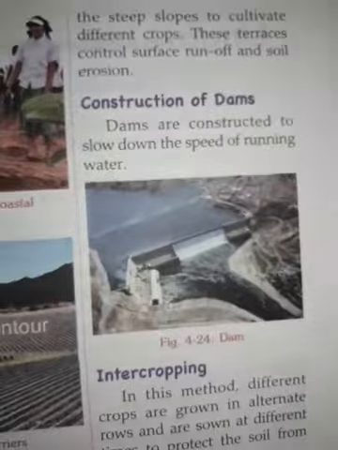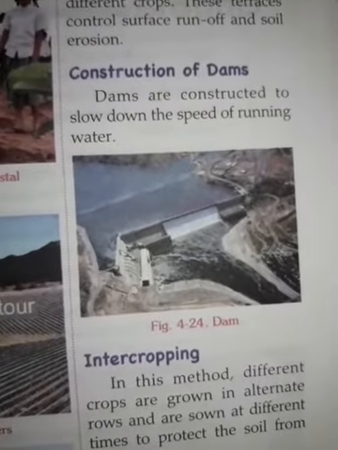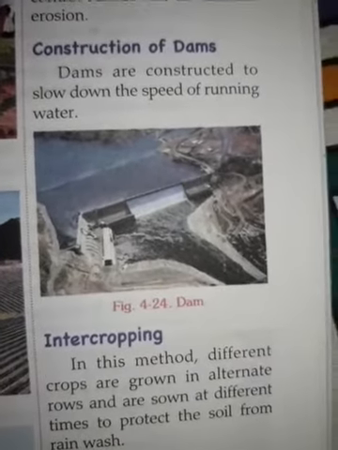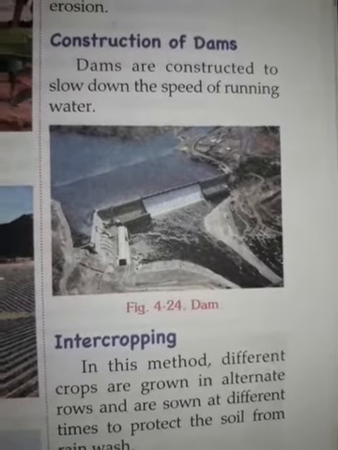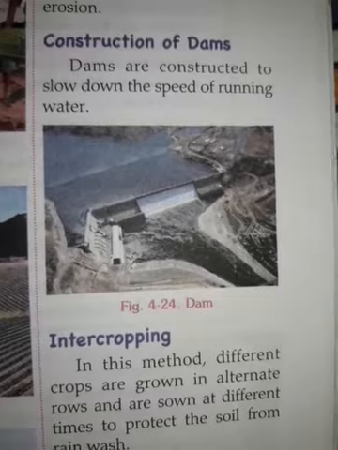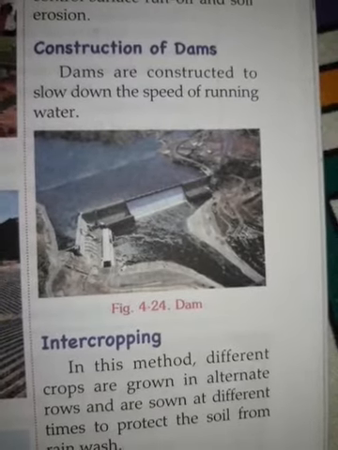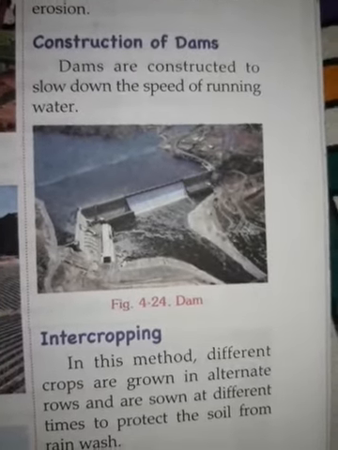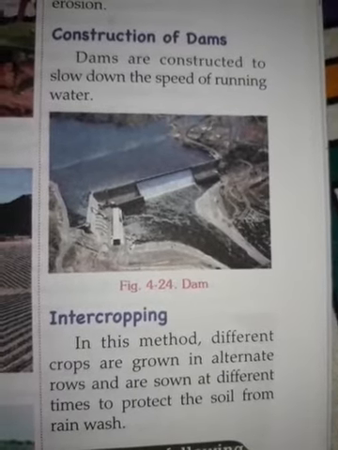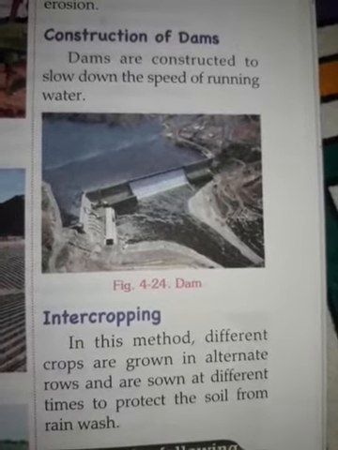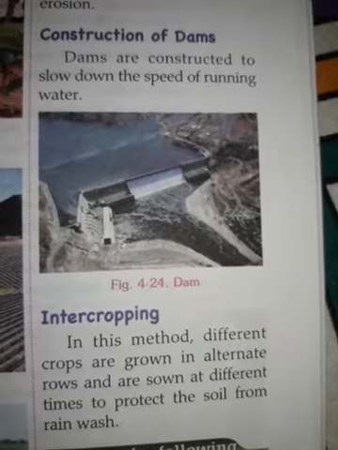Then construction of dams. The rivers destroy the soil or move the soil at the time of flood. So when we construct dams, the speed of the river is stopped, and the flood water can be used for other purposes.